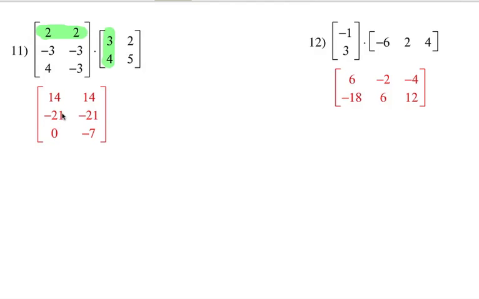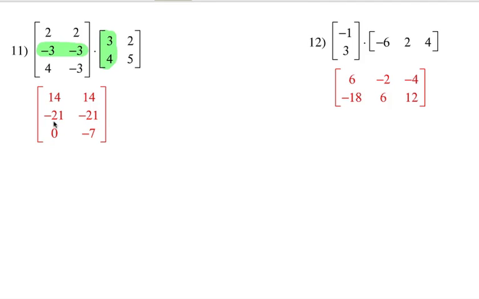All right, as you can see in number 11, we've got this row matched up with this column, and so we're going to go 2 times 3 and 2 times 4 and add them up. So 6 plus 8, there you go, 14. Here we have 4 plus 10, which is 14. All right, for the second row of the answer, we're going to get negative 9 plus negative 12.